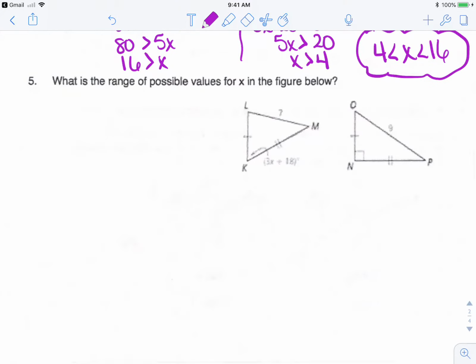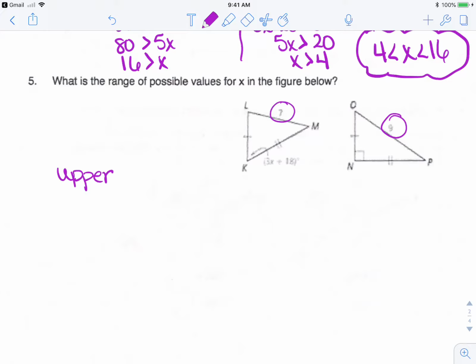All right, for number 5, what is the range of possible values for x in the figure below? So we have our upper limit. Which of these triangles is larger? Well, this one's 9, this one's 7.